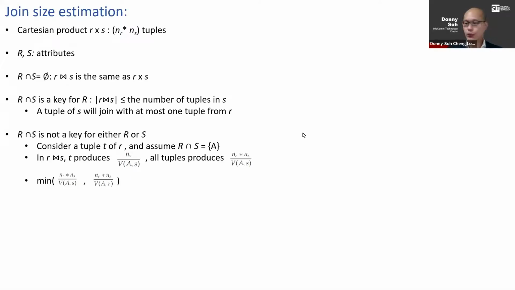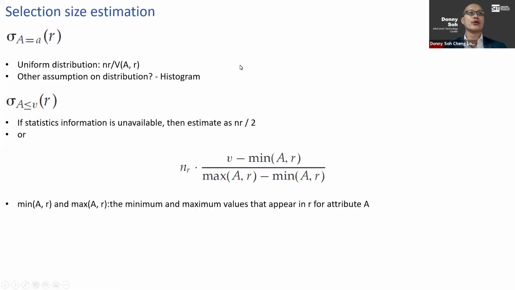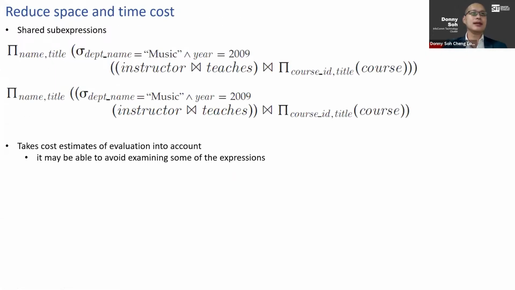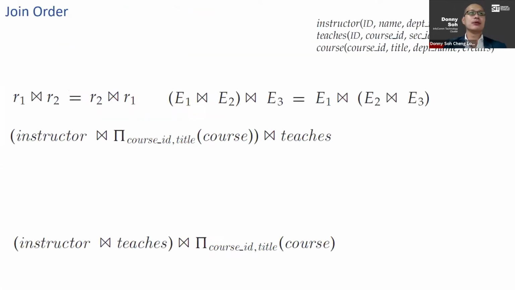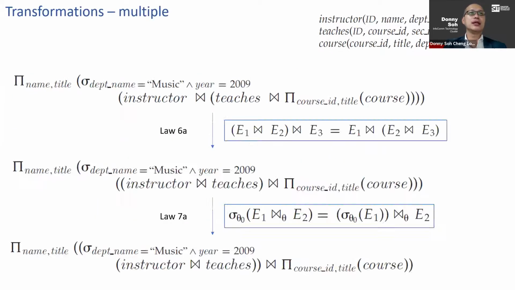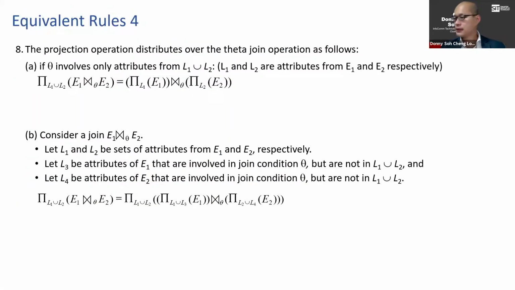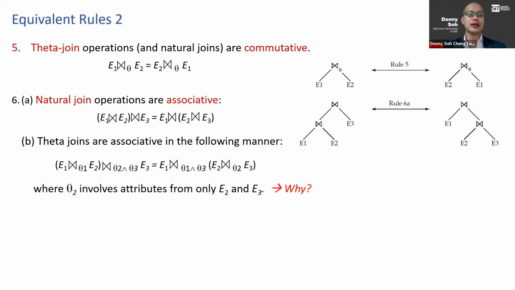So last week we ended off kind of here, where we talked about the joint size estimation. So maybe just a little bit of recap. In general, we talked about how rules can be transformed from one to another.